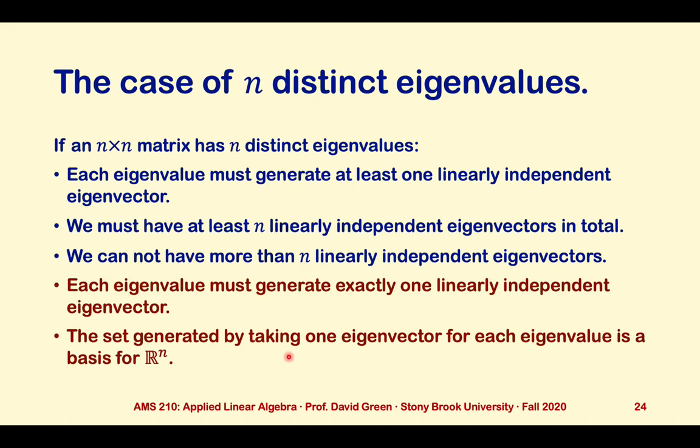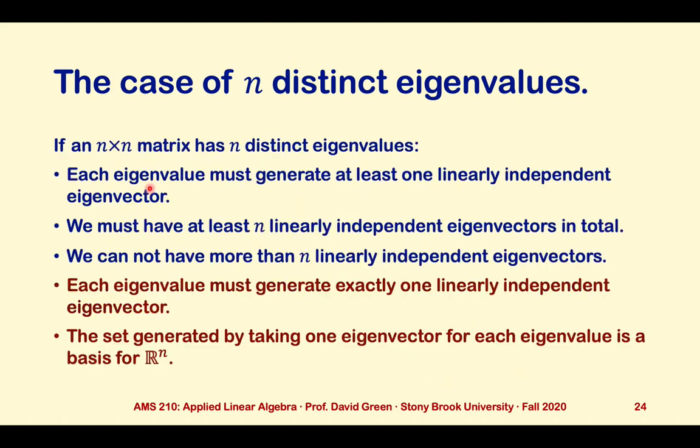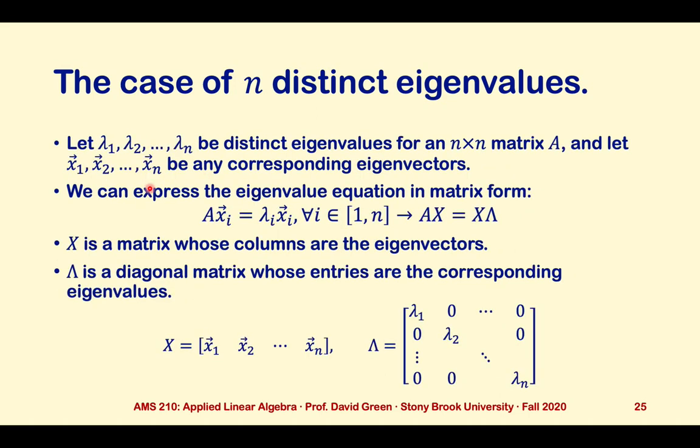So when we have n distinct eigenvalues, the set of all of the eigenvectors spans the entire parent space. This means, of course, that we can express any vector as a linear combination of those. Right? But what else can we do?